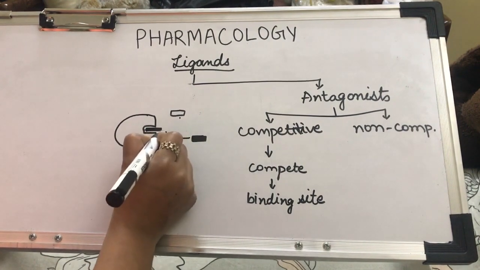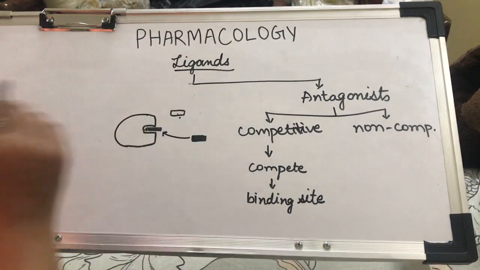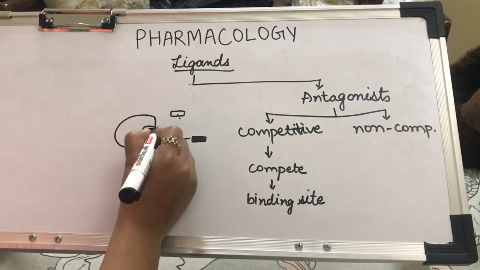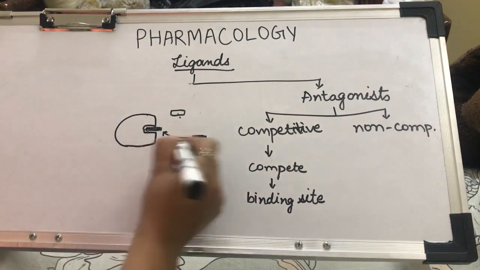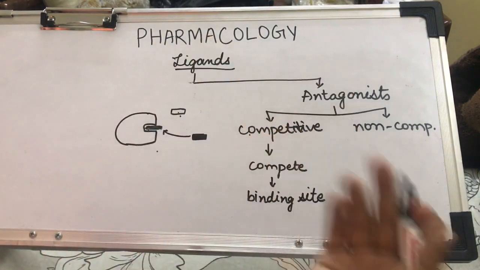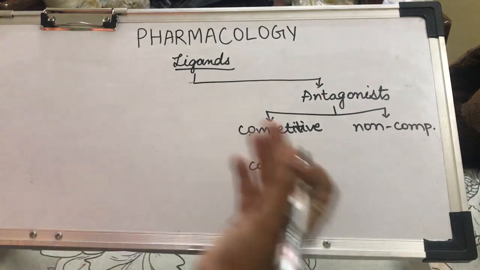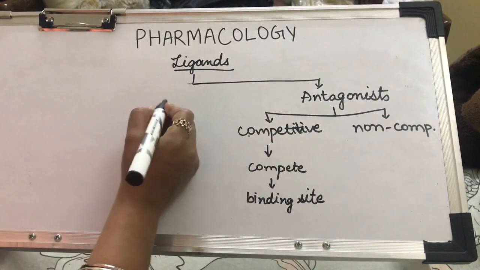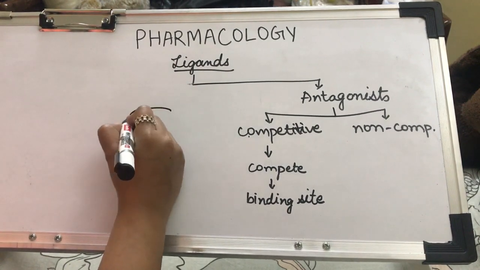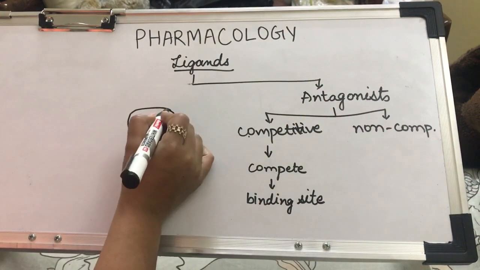Suppose the antagonist comes and binds here before the substrate comes, and it blocks that space for the substrate and blocks the activity of the receptor. This is a competitive type of antagonist. What is a non-competitive type of antagonist? As the name suggests, it is not going to compete. Simply what it is going to do is, there can be two types of non-competitive antagonism also.